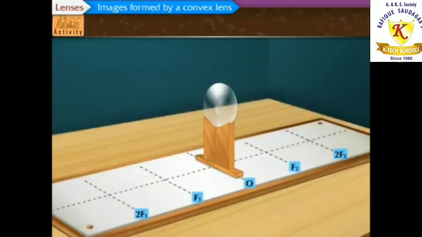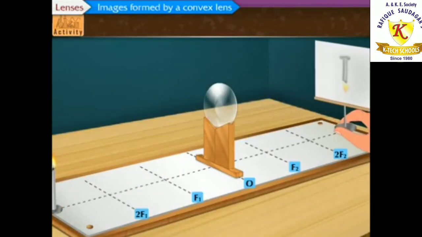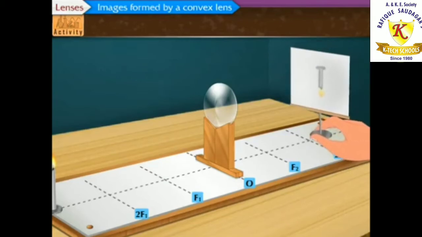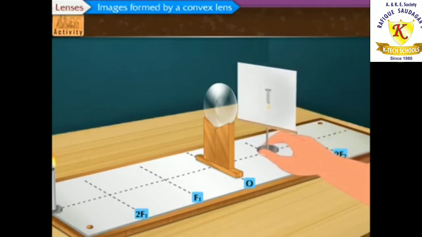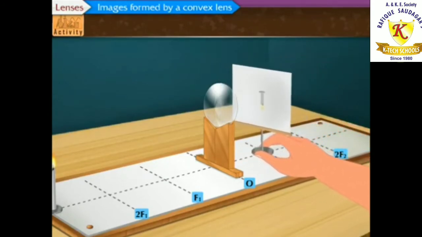Now children, place a burning candle on the other side of the lens far beyond 2F1. Place the screen on the opposite side of the lens and obtain a clear image of the candle by moving it forward or backward along the line.